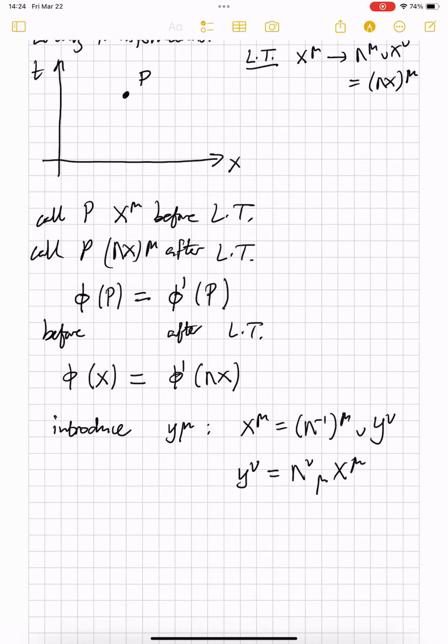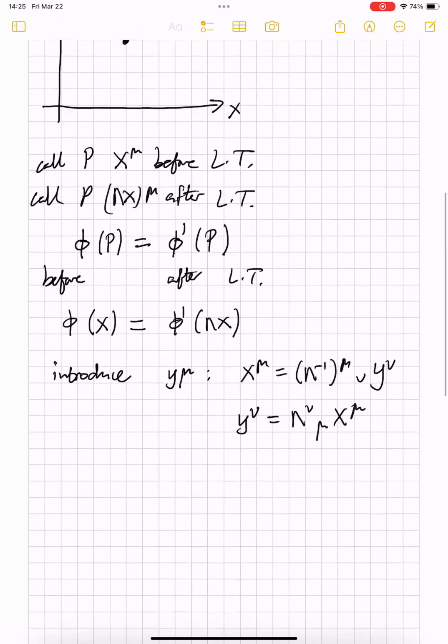Okay, and in terms of the coordinate y, well, we would have phi of x, now x is lambda inverse y, is equal to phi prime, and lambda x is just y. So this is another way that we can write our transformation law.